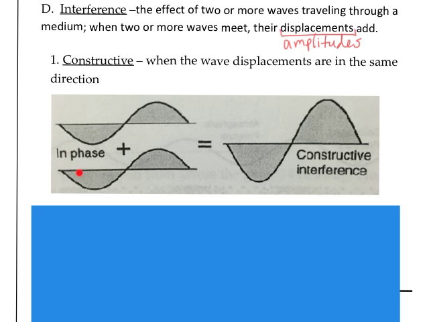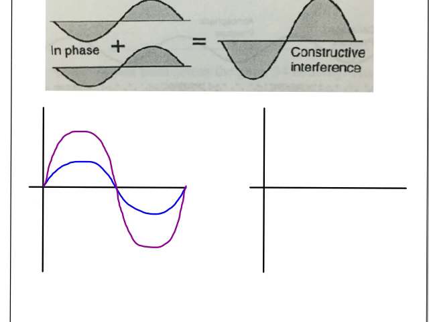Notice that when we add the two amplitudes together, we get a larger amplitude resulting in one combined wave. You could also overlap the two waves, so I did the same thing where each of them have their amplitudes either both positive or both negative, but in this case they're different.